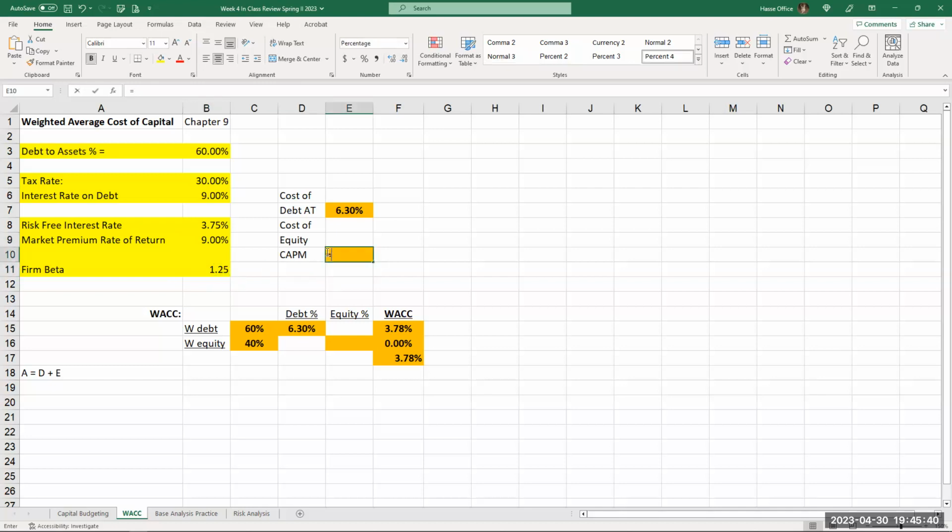So it equals the risk-free rate 0.0375 plus the market premium of 0.09 times 1.25, and I get 15%. So 3.75 plus 9% times 1.25, the beta or the risk of the company, equals 15% cost of equity.